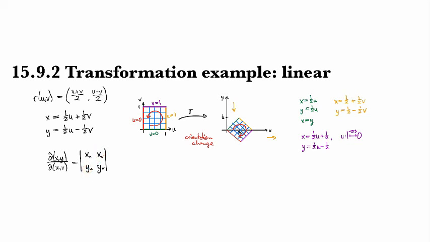That's an error. It's supposed to be like this, where your x's go across the top and your y's go across the bottom. Each function gets its own row. So the partial derivative of x with respect to u is 1/2, and with respect to v, I also get 1/2, and y with respect to u gives me 1/2, and with respect to v gives me minus 1/2.